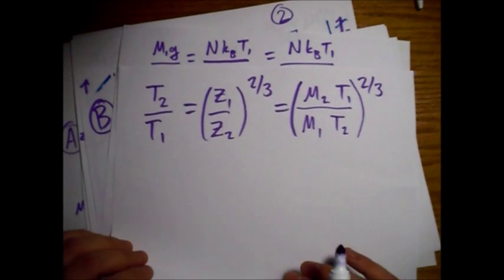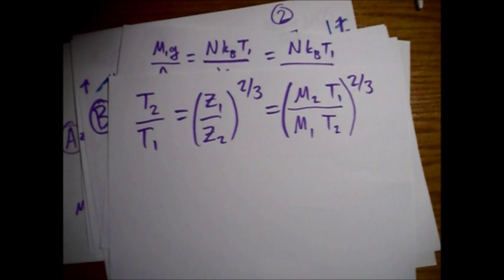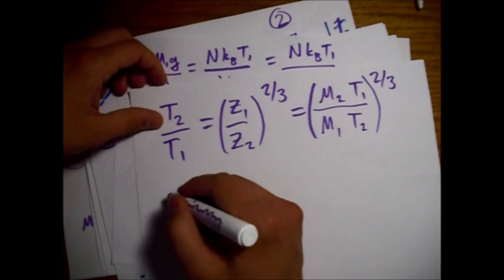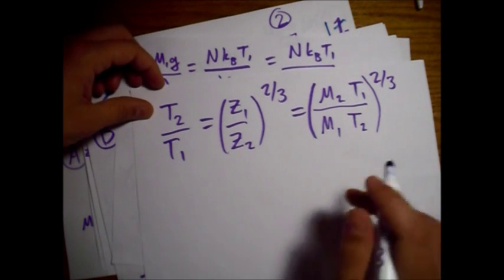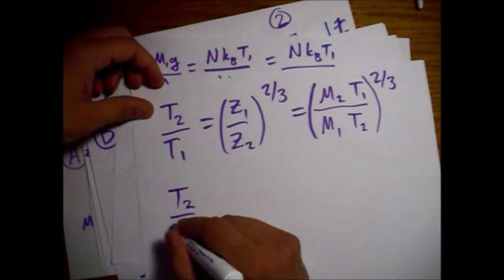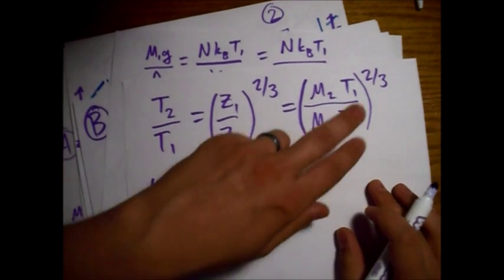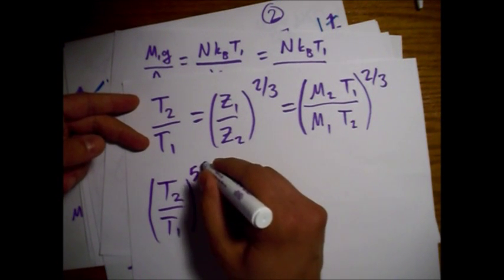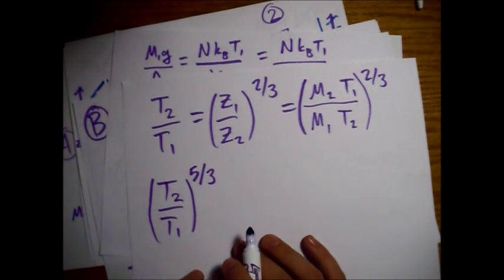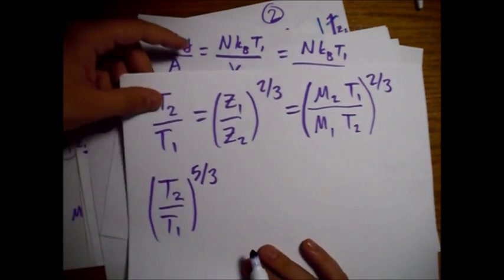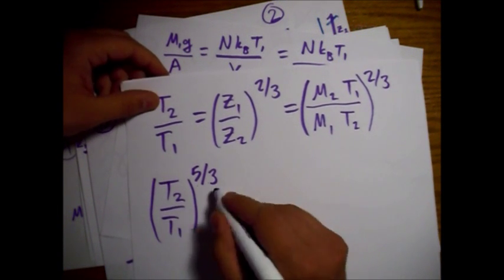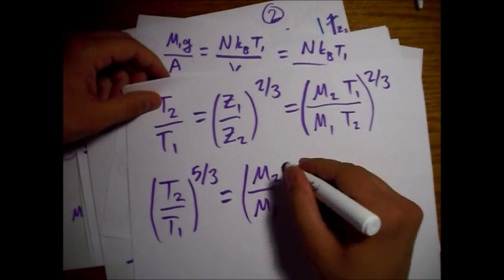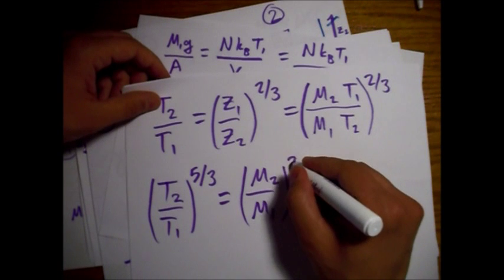All right, so now we want to just bring these t's over here. Basically we'll end up with a T2 over T1. And when we bring a 2/3 power and flip this over here, we get a 5/3. This ratio to the 5/3 power is equal to M2 over M1, and this over here is still to the 2/3.